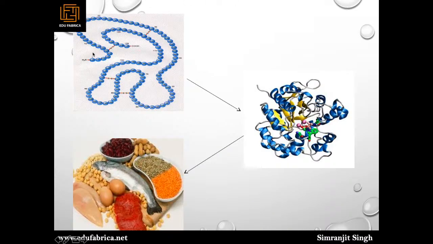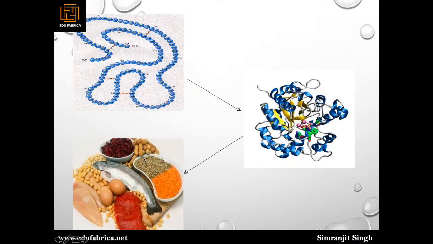So here we have the polypeptide chain of amino acids, right? Each cysteine with another cysteine makes disulfide bridges, and then they make a quaternary structure. They get folded, in which form the protein is active, and this can then be used in our body.